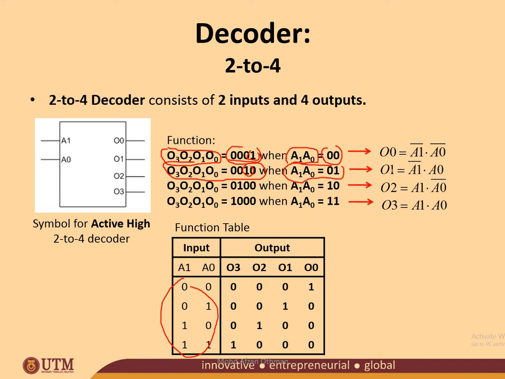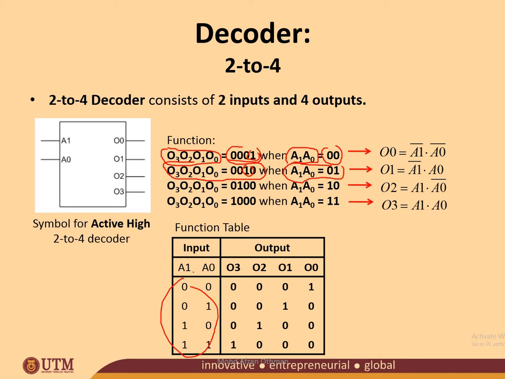Understand, right? In the real world, 1 refers to first, but in digital, the first is actually 0. So the first output will be based on A1 and A0, and output 1 will be based on the combination of 0, 1, and so on.